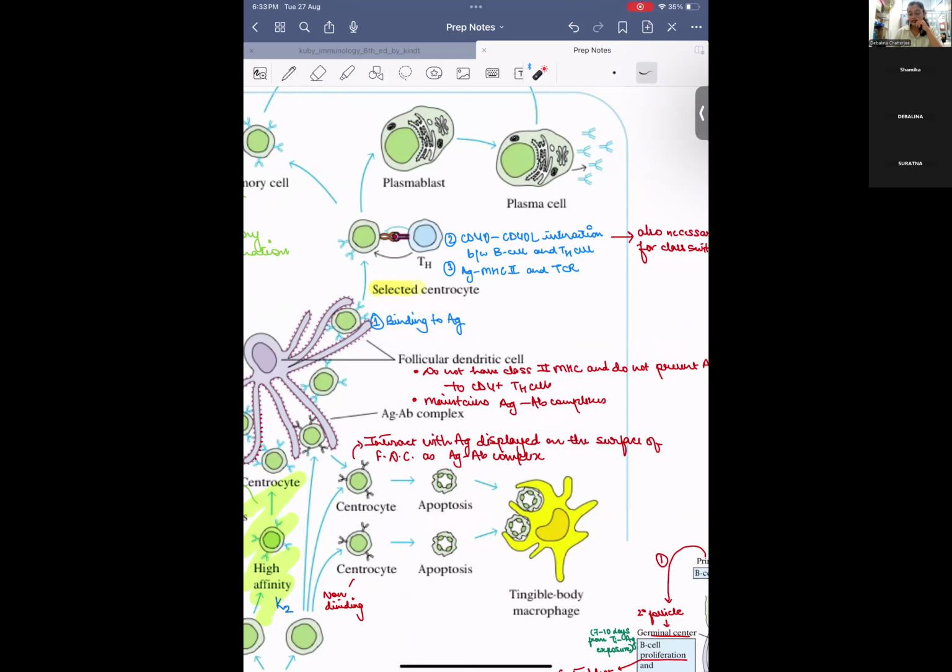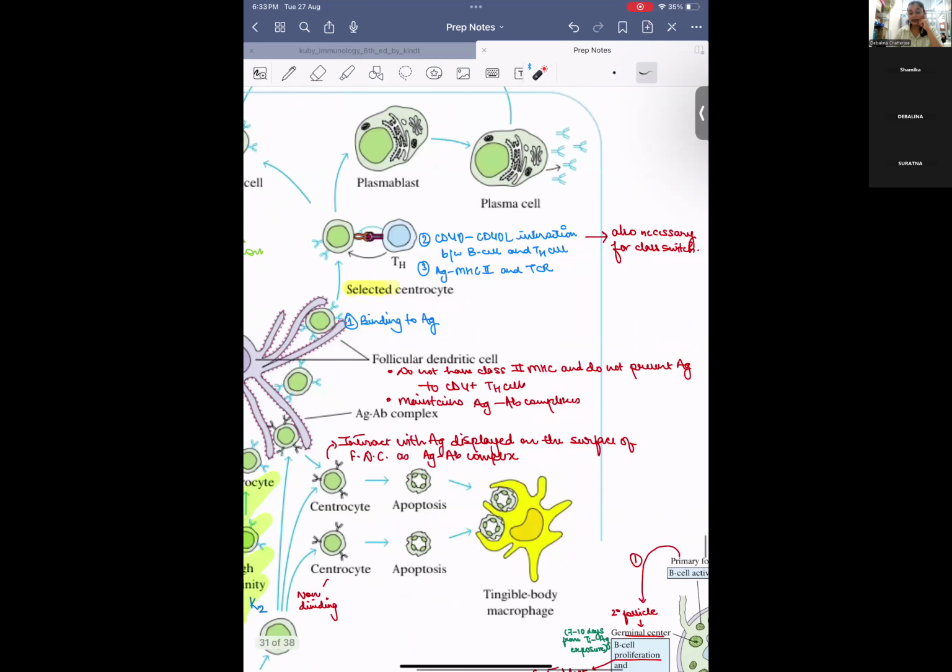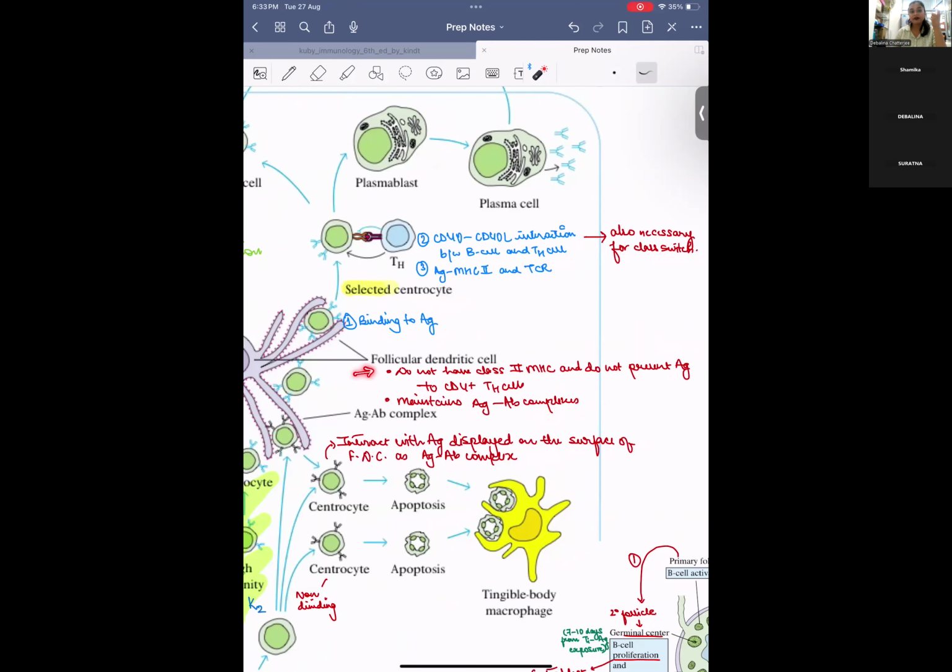An important fact that we must remember is that these follicular dendritic cells are different from the dendritic cells that come from the bone marrow part of it. So this has come from the lymphoid origin. If I am not wrong, just revisit the class. We had two origins, the myeloid origin and the lymphoid origin. We had dendritic cells that were coming from both the lineages, right?